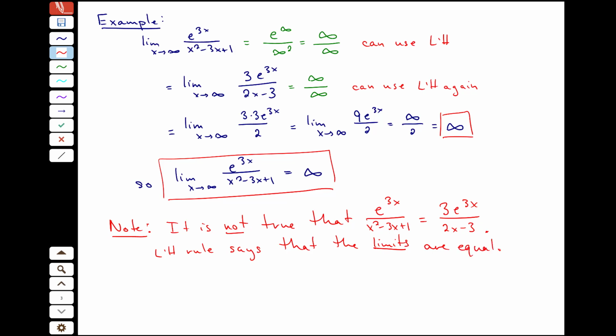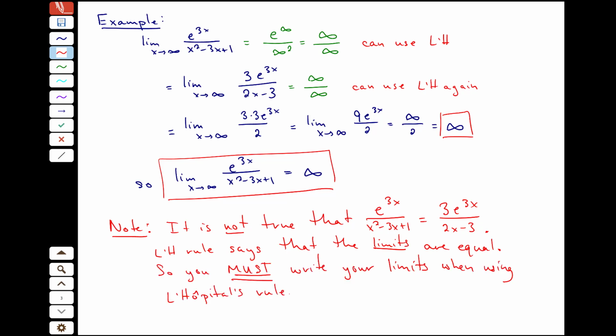So, when you're working on a problem and using L'Hopital's rule, you must write your limits. That is absolutely non-negotiable. It is also good form when using L'Hopital's rule to indicate that that is what you are using.